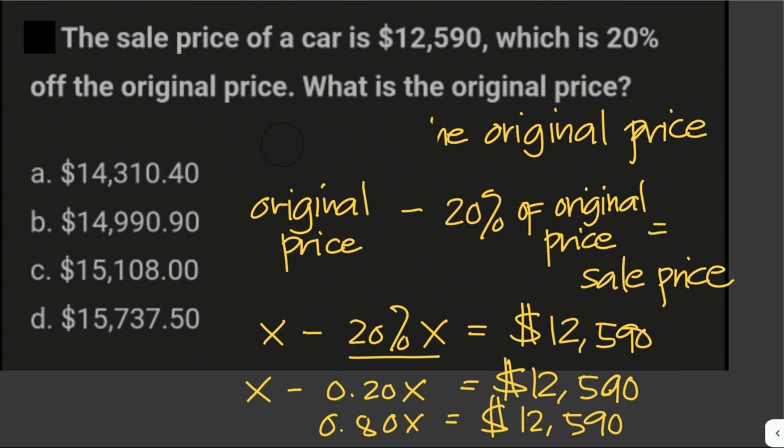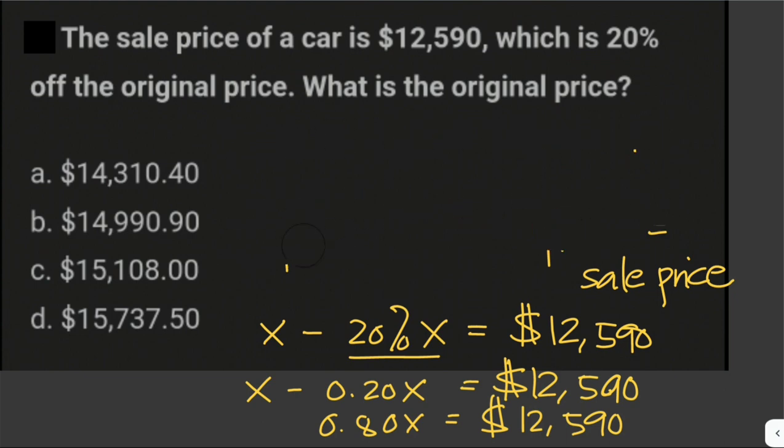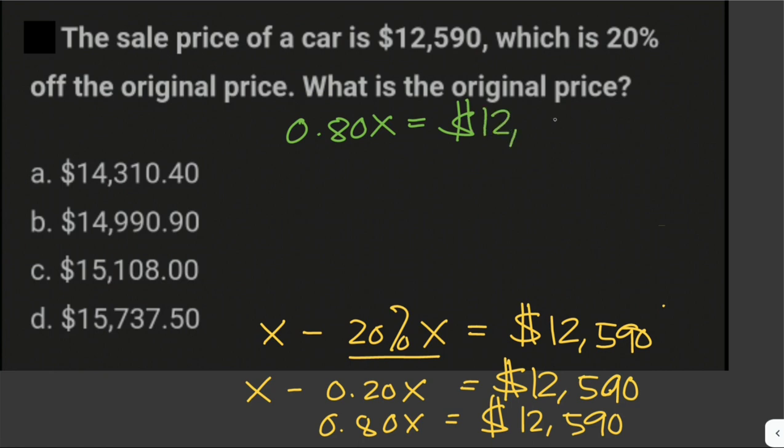And then we just have to divide both sides by 0.8. So x equals 12,590 divided by 0.8.